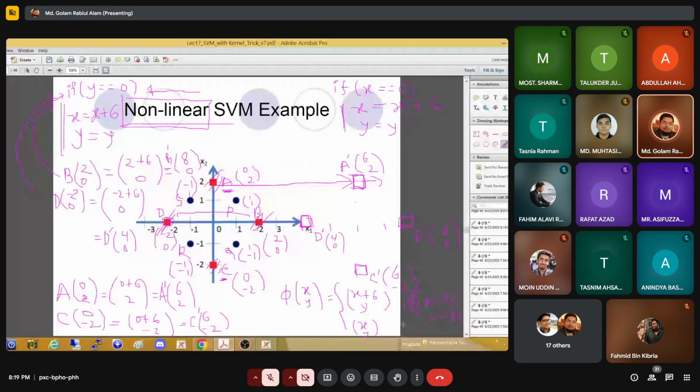For the case of x equal 0, or y equal 0, or both 0, we will get x plus 6 and y. And otherwise, whatever values the vector has, it will be the same, that is x and y. So this is our kernel trick for solving this problem.